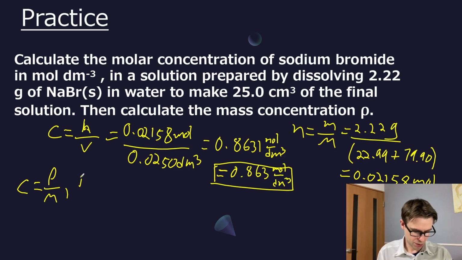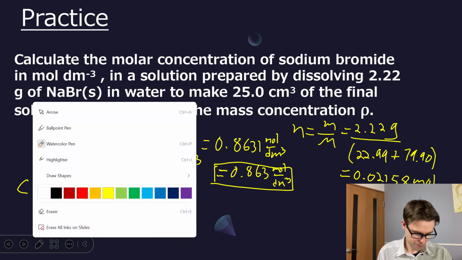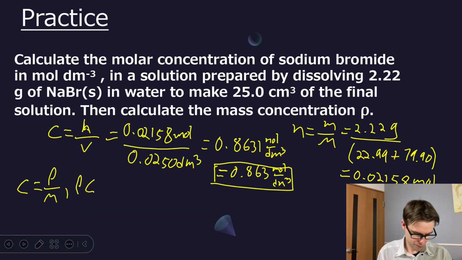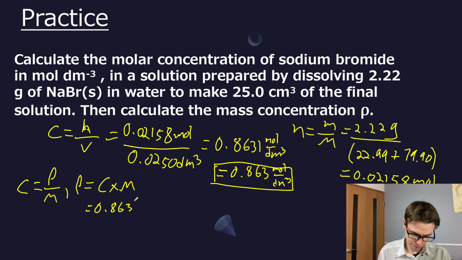And we want rho, so rho equals C times M, 0.863 multiplied by M again.